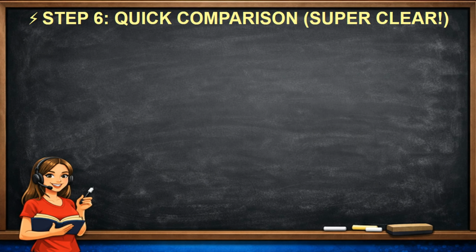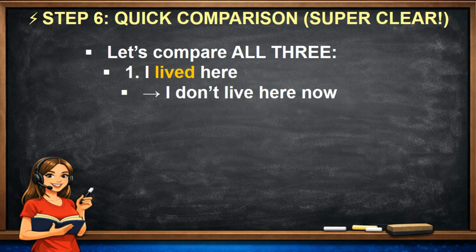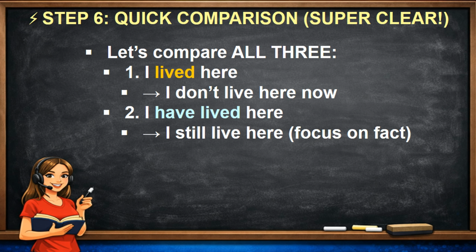Step 6. Quick comparison. Let's make it super clear. Let's compare all three. 1. I lived here. It means it was sometime in the past, but I don't live here now. 2.